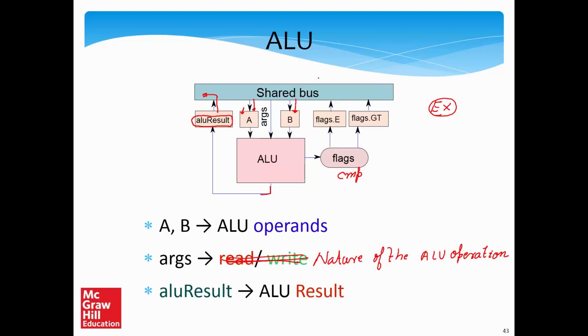So these are all the micro registers that we add in the ALU stage: A and B for the inputs, ALU result contains the output, flags.e and flags.gt contain the results of the flags. Recall that it's only the CMP instruction that changes them. Otherwise, the flags values reflect the state of the flags that was set by the last CMP compare instruction.